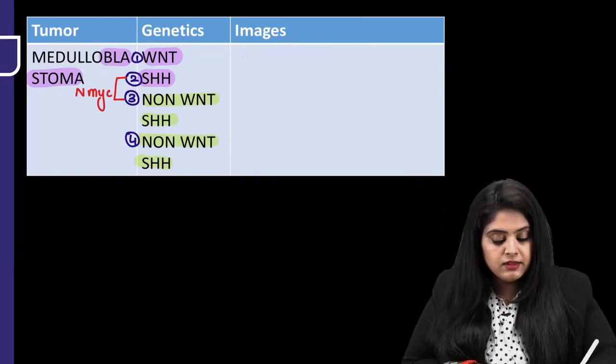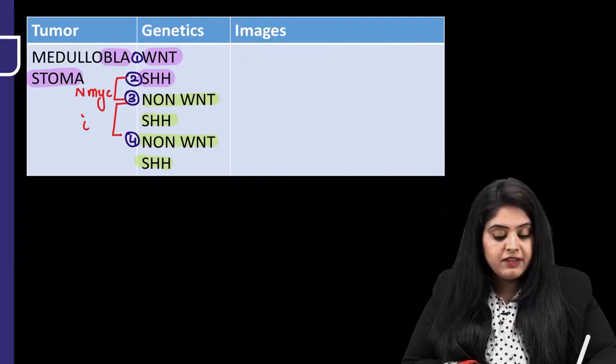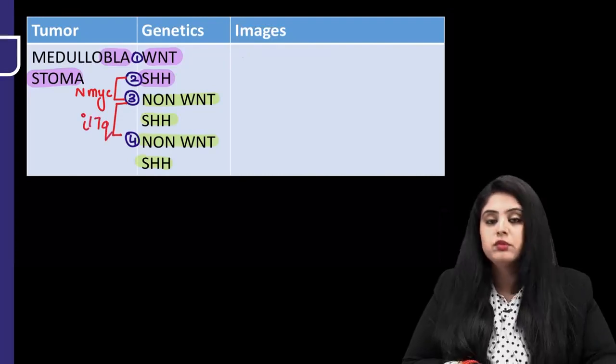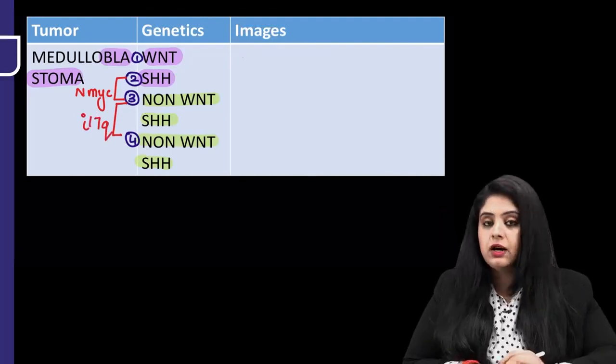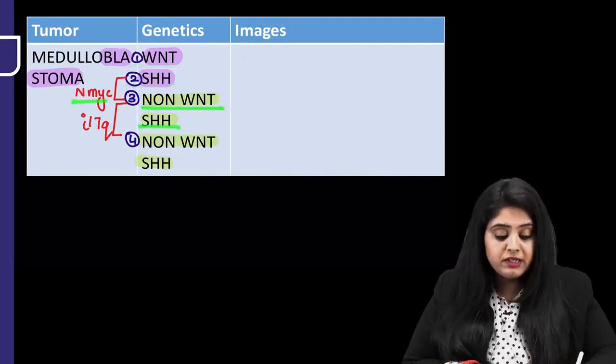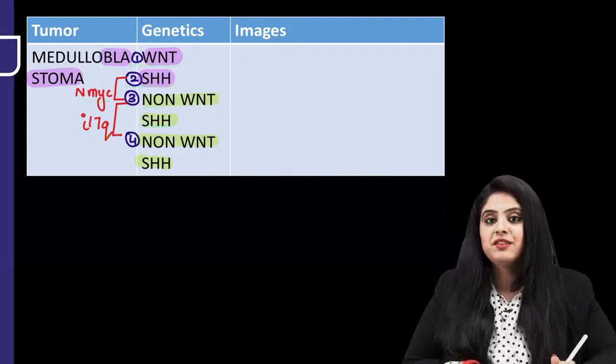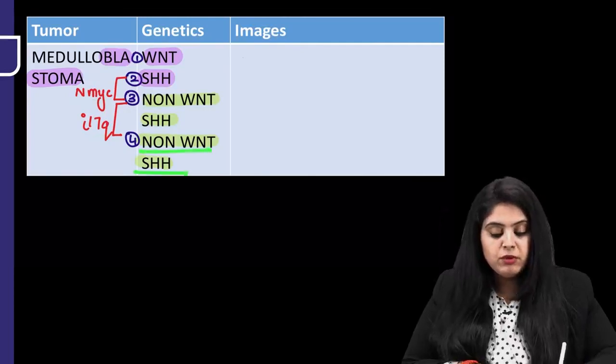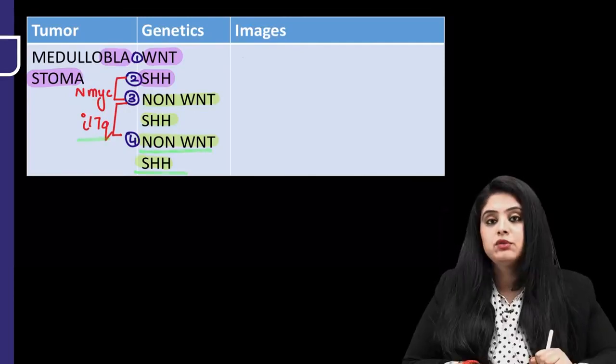And the third and the fourth categories are very famous for showing you isochromosome 17q. So ultimately, can you see the difference? First one is only WNT, second is SHH and NMIC, third is no WNT, no SHH, but it has NMIC and it has isochromosome 17q. Fourth one is no WNT, no SHH and it only has isochromosome 17q.